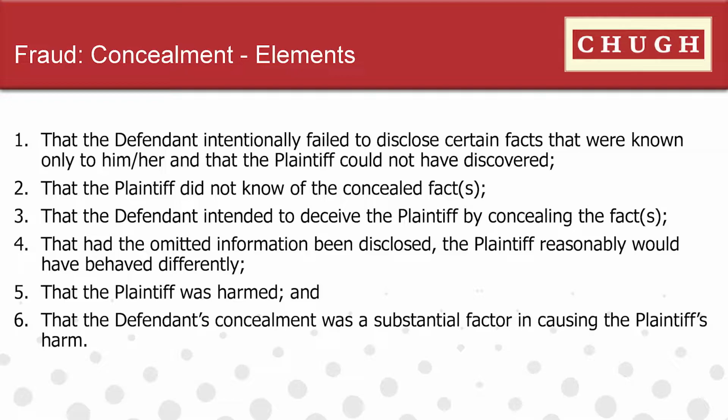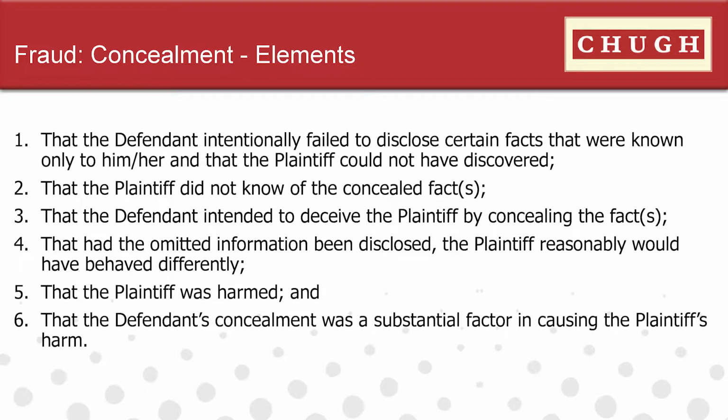That's fraud by concealment. And the plaintiff would have to go through a process of proving that the defendant actually concealed facts, that the defendant intended to deceive the plaintiff by concealing those facts. And obviously the damages and all the other elements would still have to be proven as well.